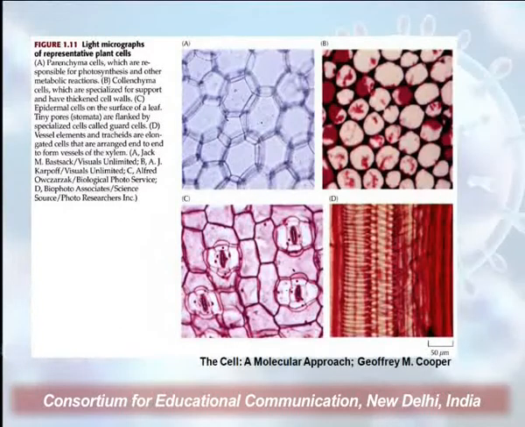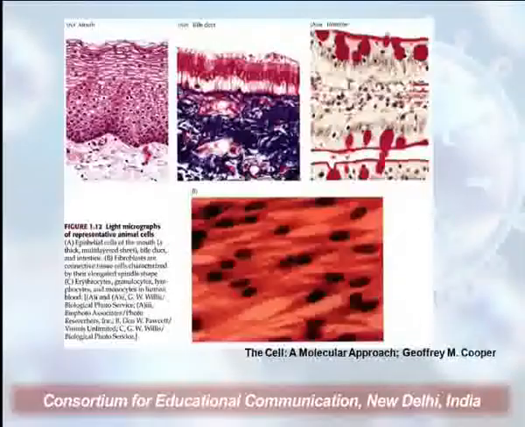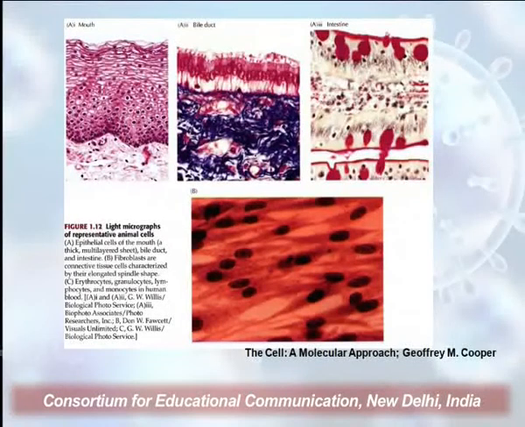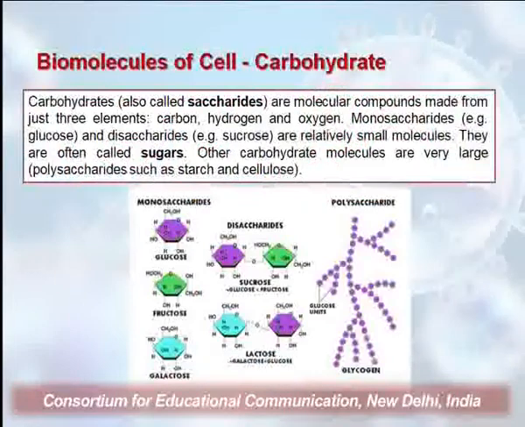The various types of plant cells are shown, and how they are stained under various stains and watched under the microscope. Now, these are light micrographs which represent the animal cell lines, how they look when they are processed, stained and then observed under the microscope.